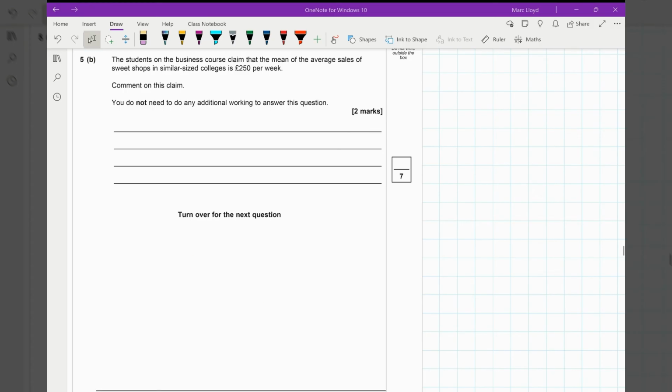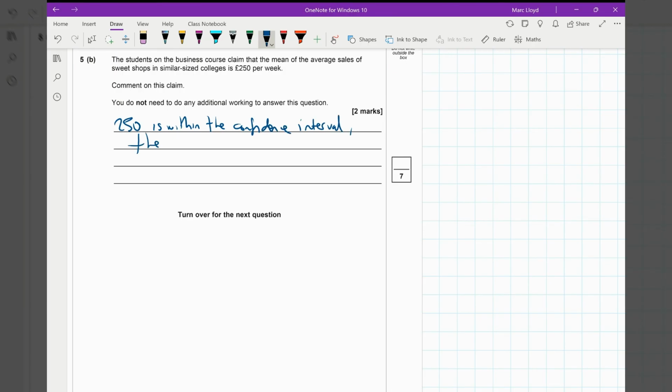Let me just double check with the mark scheme. Well, that's a very basic mark scheme. I was just wondering where that second mark's from. So you just put here that 250 is within the confidence interval, which is your first mark.